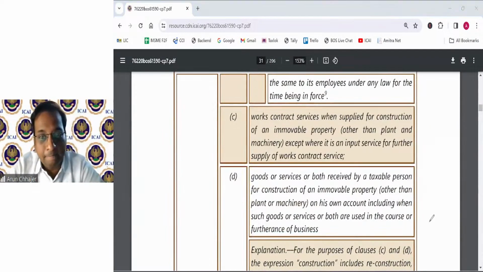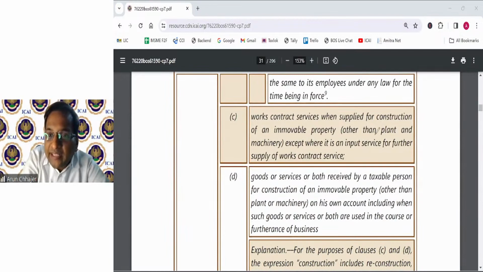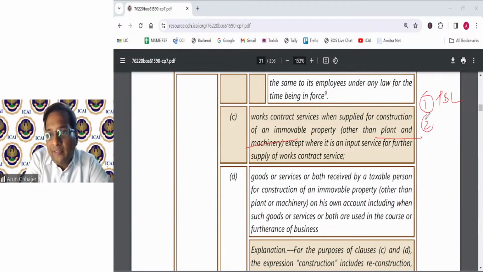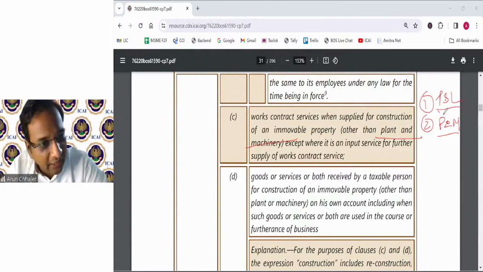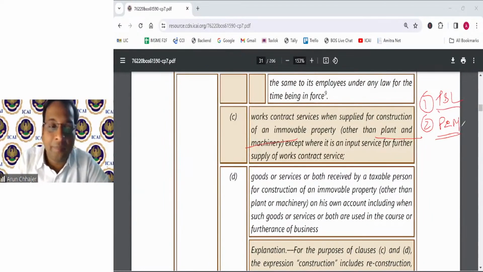Second, if it is related to plant and machinery, first I am debiting the expenditure to the profit and loss account, allowed. I am incurring the expenditure for plant and machinery, it is excluded, ITC allowed.